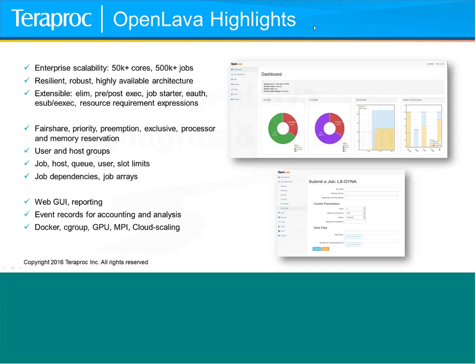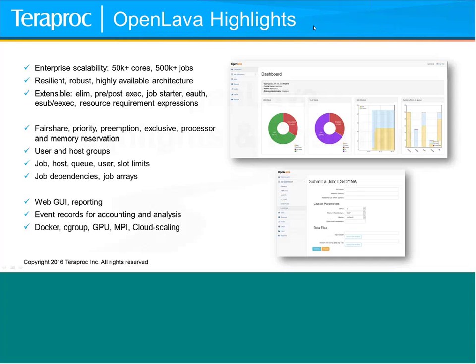Now, from a management perspective, originally OpenLava didn't have a web GUI, although there was a contribution in the community, and we've also enhanced that. We also added some reporting.